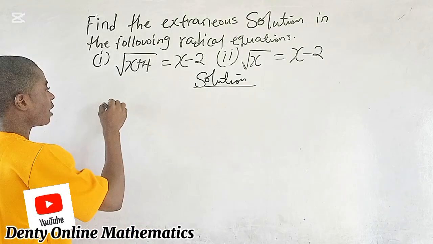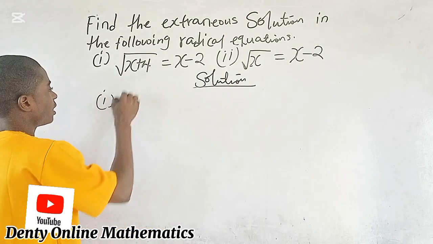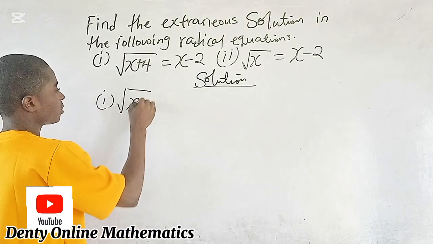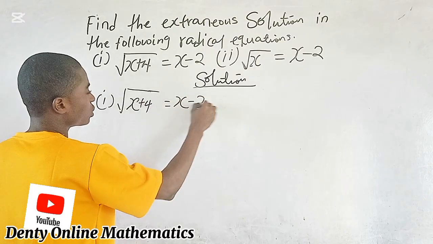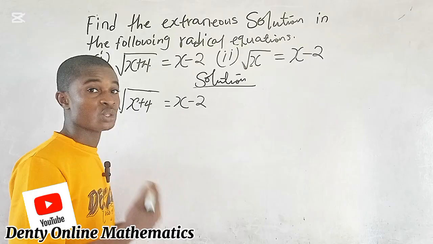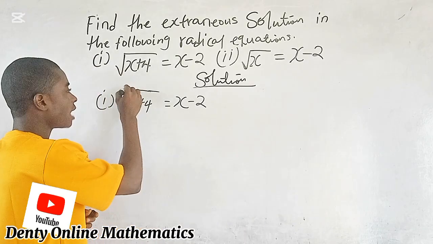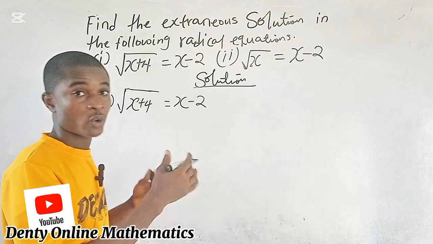For the first one, we are given the square root of x plus 4 equal to x minus 2. As usual, for us to clear out this square root, we have to square both sides.